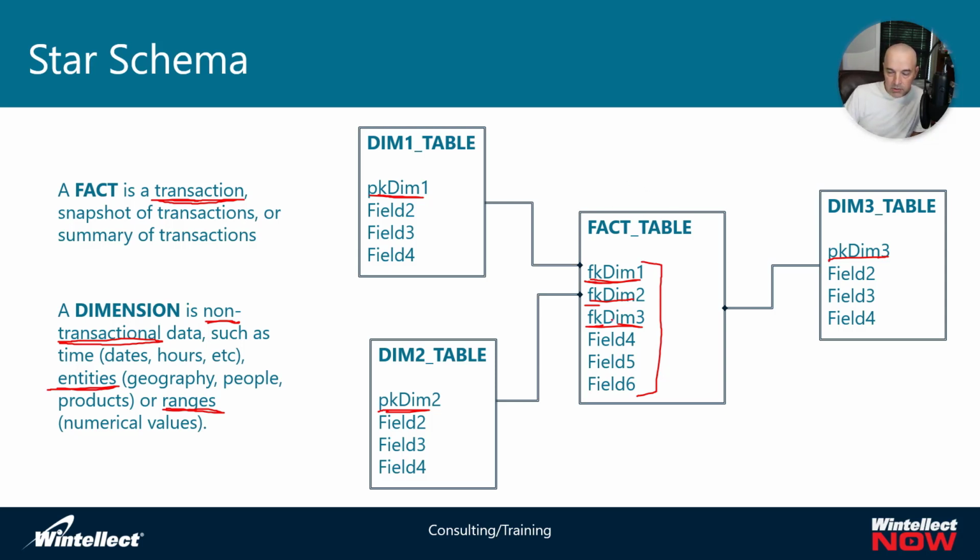Now, with a star schema, you typically don't get more normalized than this form right here, and that's because this form allows us to key everything basically off of the fact table and not have to navigate multiple depths of tables to get particular information. So this is not normalized data.